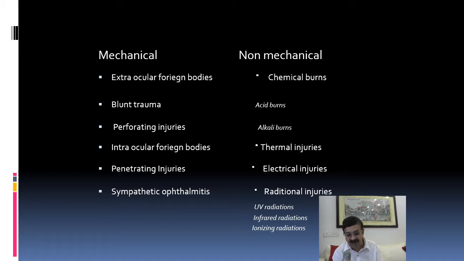And in the non-mechanical classification, we have chemical burns, which comprise acid burns and alkali burns, thermal injuries, electrical injuries, and radiational injuries: UV radiation, infrared, and ionizing radiations. Though albeit small, and a general ophthalmologist may hardly get one in his career, it is important to take note of it.